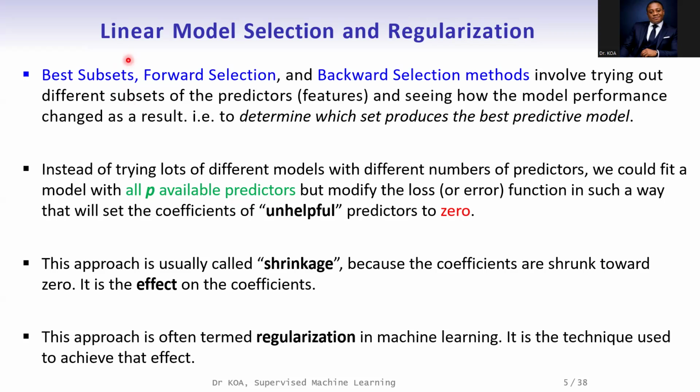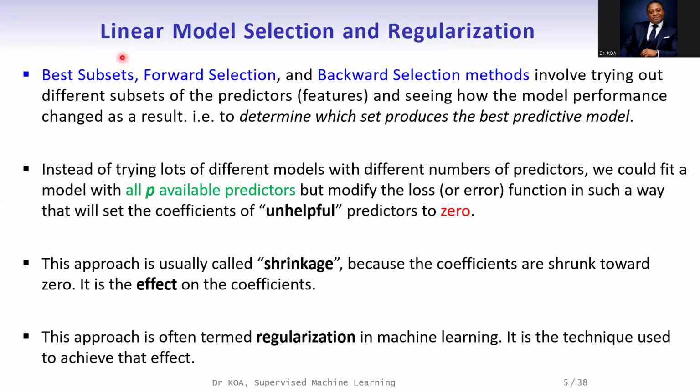So if an independent variable is useless, bogus, insignificant, then the coefficient of that variable must go down towards 0, because the only way an independent variable can be insignificant is when the coefficient is 0.